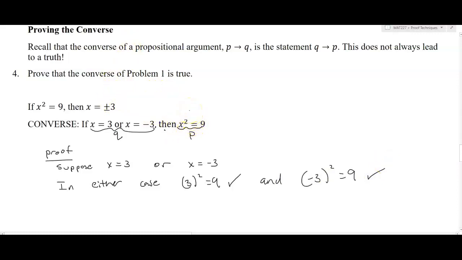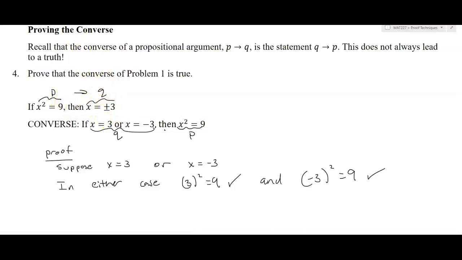And so this is no different in logic than our previous two proofs for even and odd numbers. The only difference is here that we're taking a statement that was of the form P then Q, and we basically wanted to say, well, if you flip the conclusion and make that the premise, will that lead to the thing that used to be the premise? And in this case, it does.